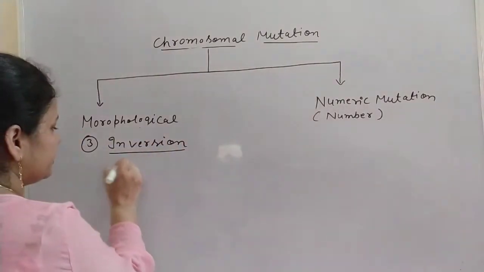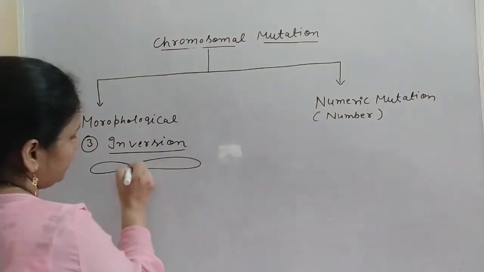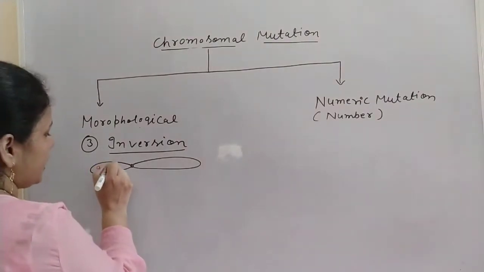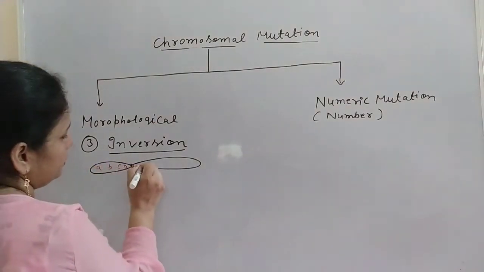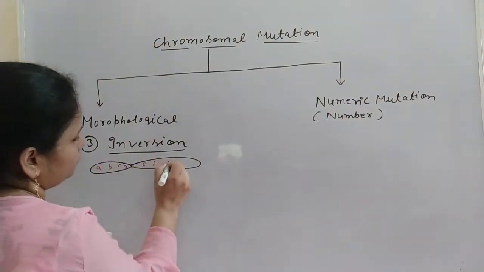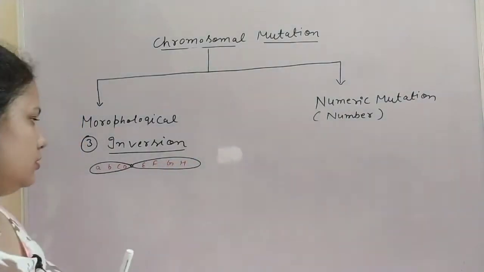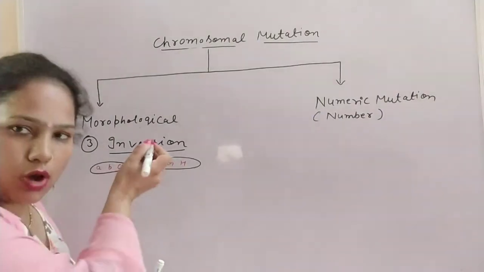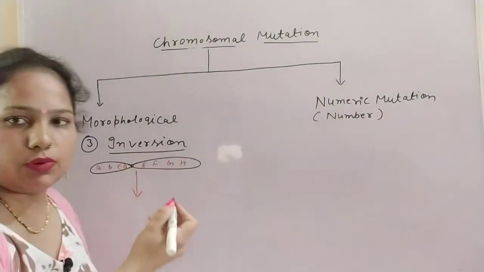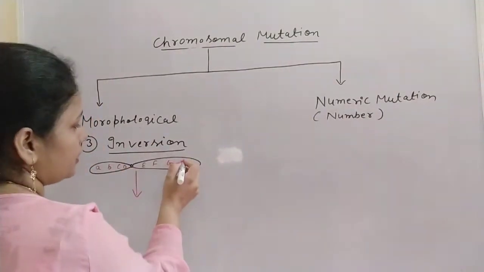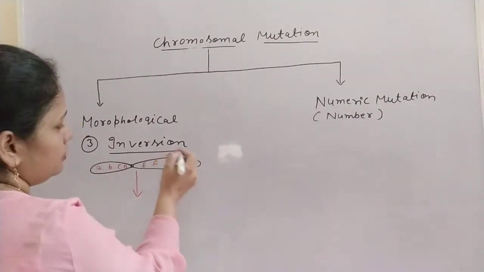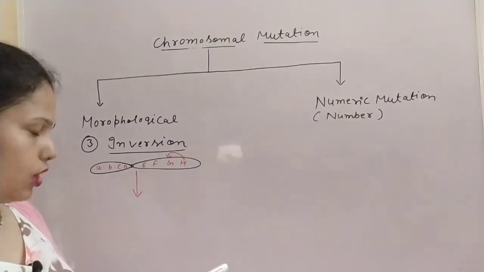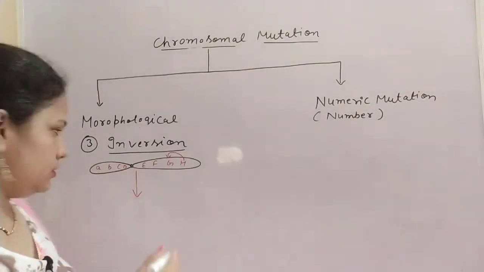Again we are taking the example of a chromosome, and in this chromosome the sequence is A, B, C, D, E, F, G, H. Now inversion takes place, meaning any sequence gets reversed and is placed back in that chromosome. Suppose H comes first and G comes after, then we will call it inversion.